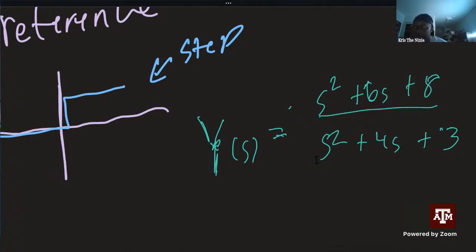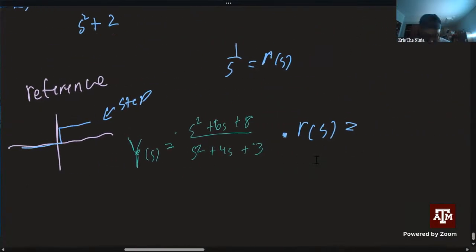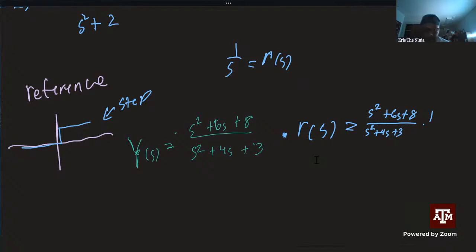So in order to get the inverse Laplace of this, we now have Y over s by itself, which means we multiply it over here by R of s. So if we have this times R of s, this is equal to s squared plus 6s plus 8 over s squared plus 4s plus 3 times 1 over s.